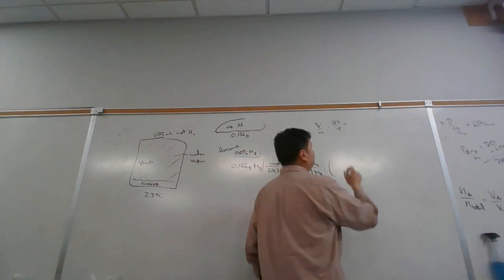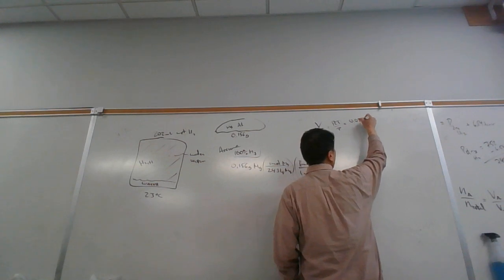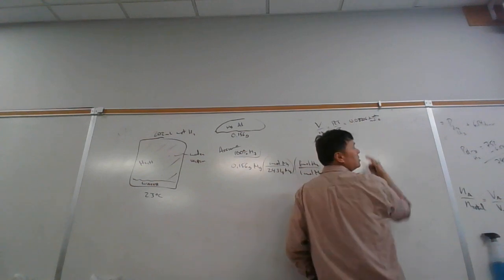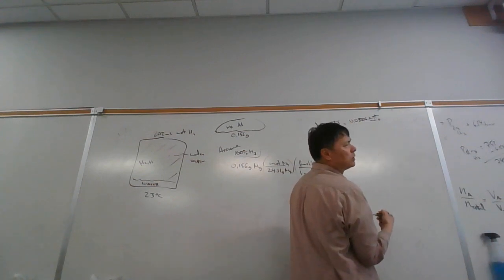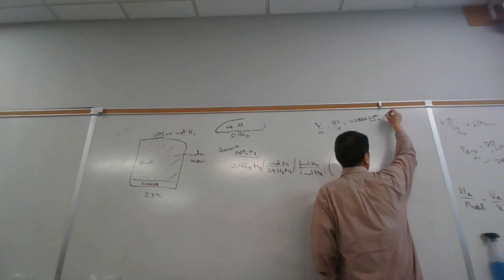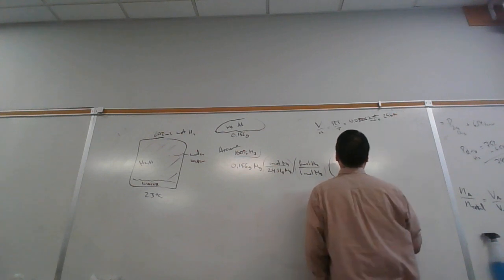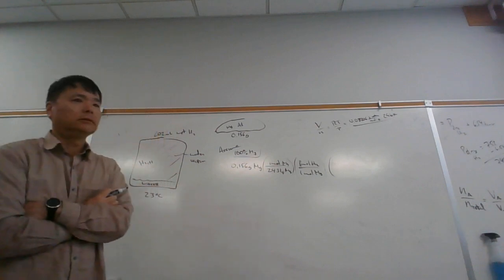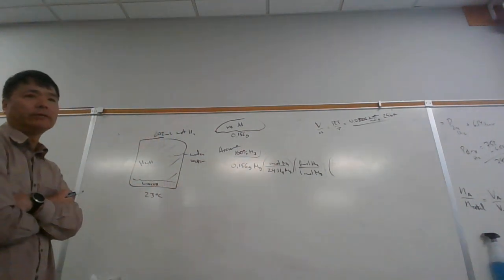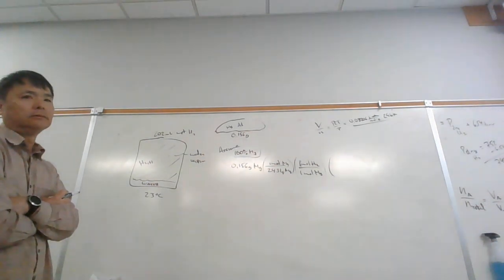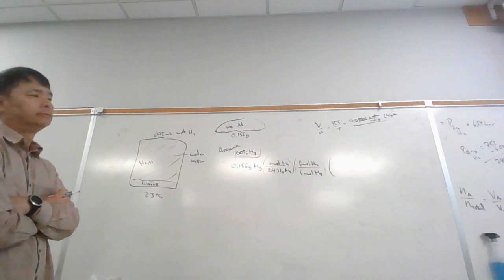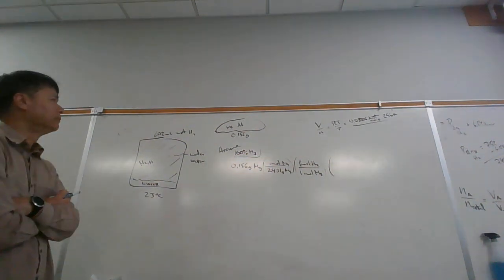And so R is going to be 0.08206 liters atmosphere per mole Kelvin. T is going to be 273 plus 23, which is 296 Kelvin. P. What should we do about P? We're going to assume that it's all H2.